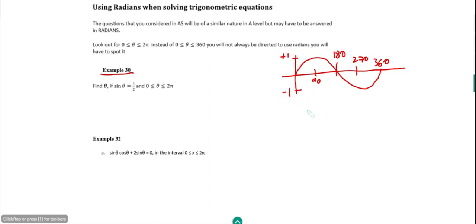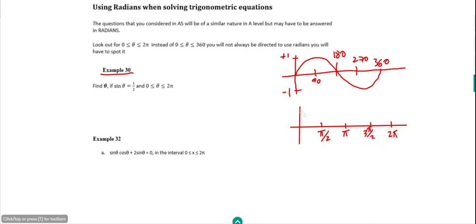So if we were to do the same thing but where radians was the measure, then we actually get these equivalent points: pi is the same as 180 when measured in radians, and 360 is 2 pi, and actually 90 is pi by 2, and 270 is 3 pi by 2.